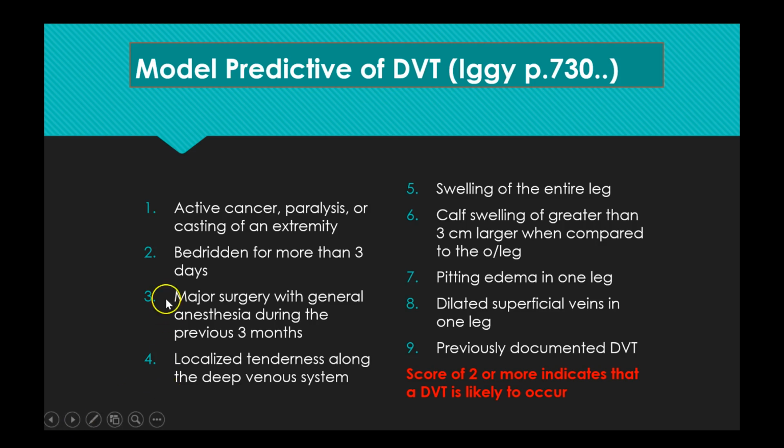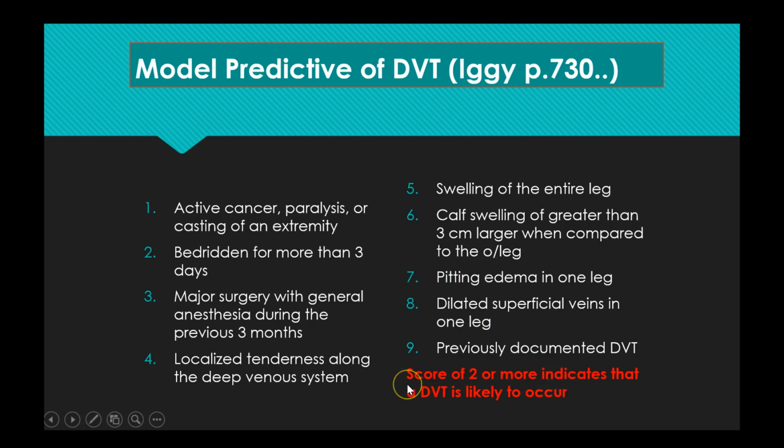There's also something on this clinical predictive model that I don't think IGI added: an alternative diagnosis being likely will give you a -2. But for all intents and purposes, this is a good model. So you get 1 point for this, 1 point for this, 1 point for this, 1 point for this, and if you have a score of 2 or more, it indicates that a DVT is likely to occur.